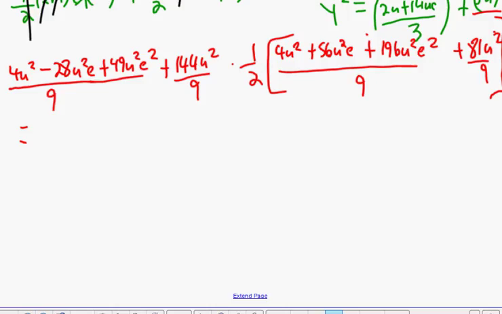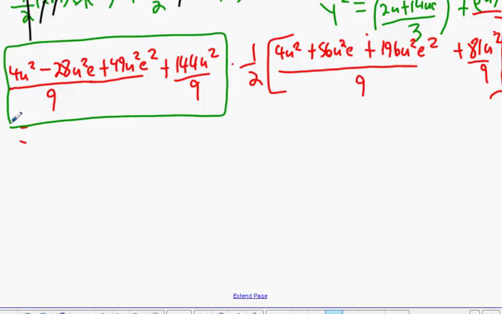I'm going to target this area here for a second. 4u squared plus 144u squared. I want that over 18 instead of 9. Times 2. There you go. 296u squared. Times that by 2.